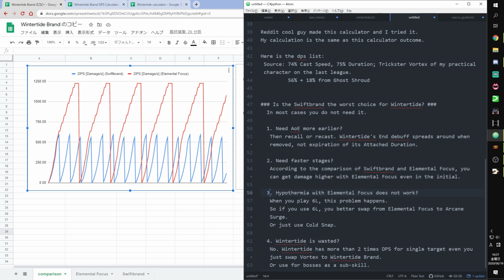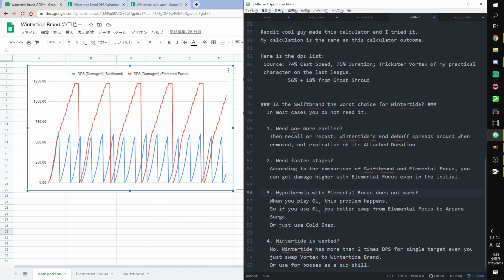I recommend getting the chill effect from the Wintertide Brand gem, or just use Cold Snap to chill the enemy so the hypothermia effect is activated.